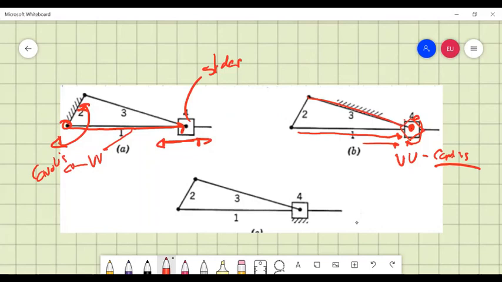In that one, we don't have, profe. Why? We don't have because the slider will only move through the link 1, but link 1 is not going to change orientation. So this is only going in and out.